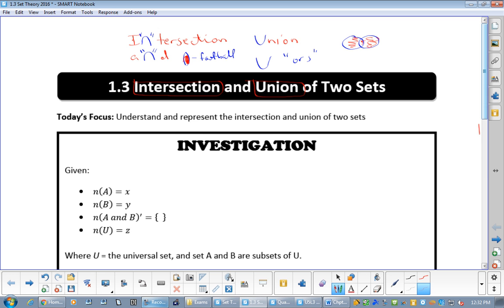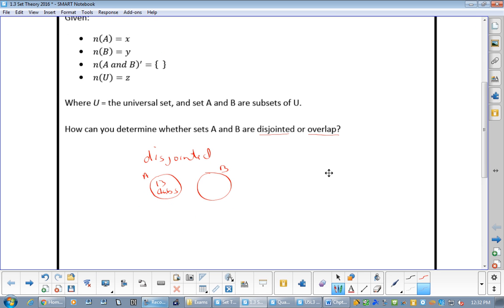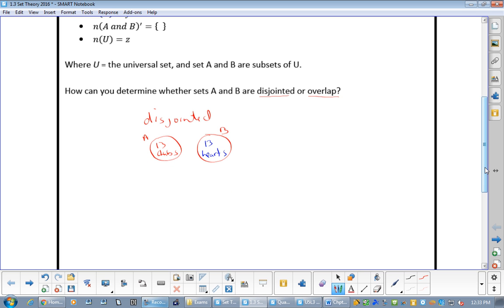Now, when we're back to talking about disjoint, if we had two things that cannot be shared, say we had 13 clubs and 13 hearts. That's actually how many there are in a deck of cards. So how would you find how many you have?